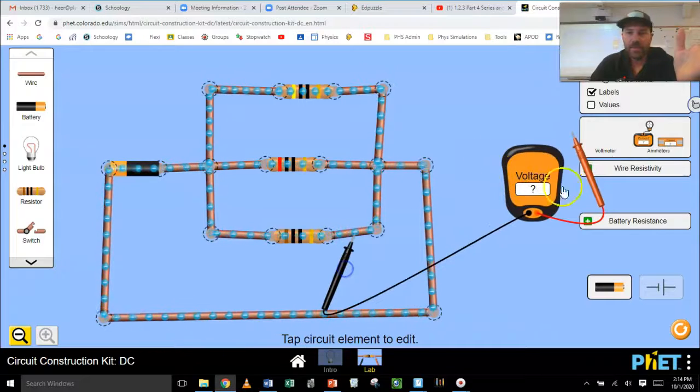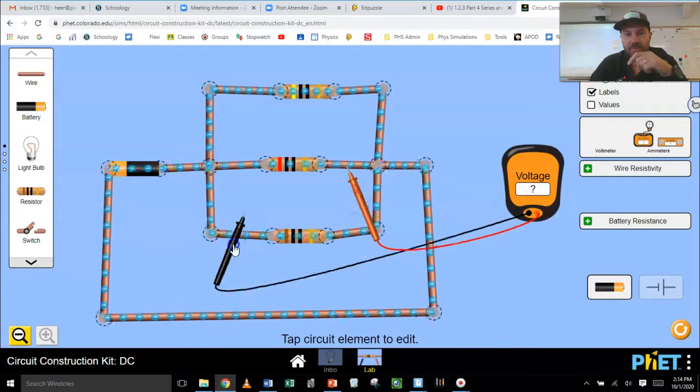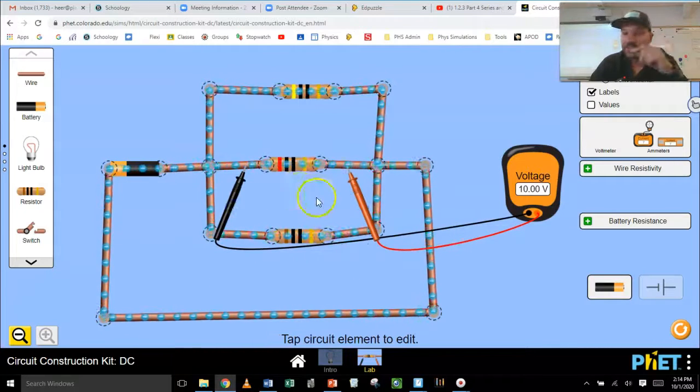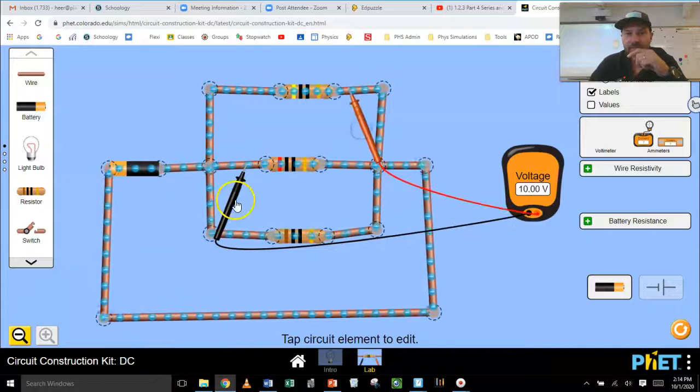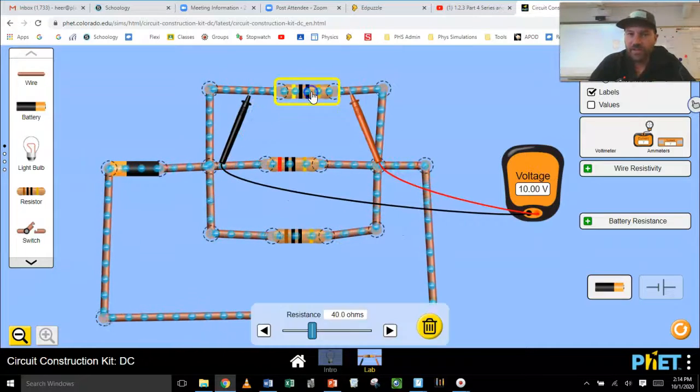Check this out. I'm going to measure the voltage right here. Did it backwards. 10 volts. I'm going to measure the pressure across this one. 10 volts. I'm going to measure the pressure across this one. 10 volts. The pressure is the same regardless. But what's different is the amount that goes through it.